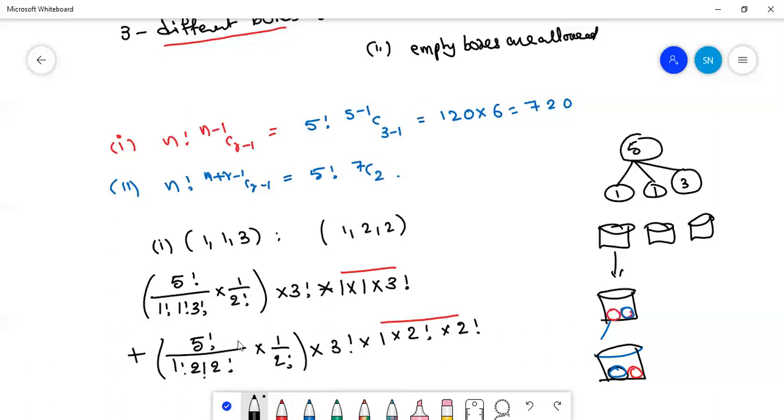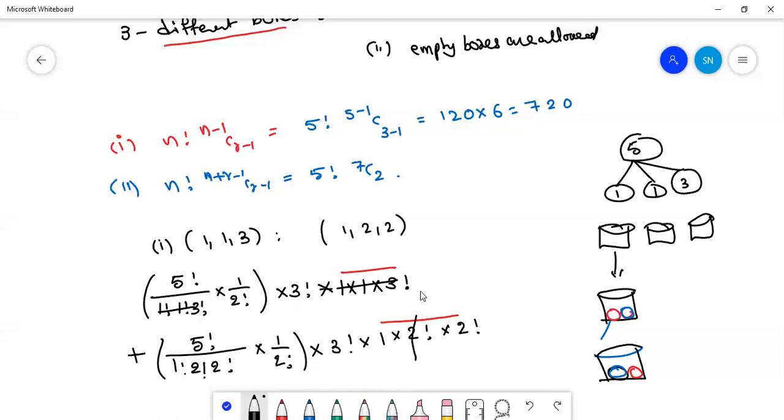So when you calculate it, 3 factorial, 1,1,3 will get cancelled, right? Next, 3 factorial, 2 factorial, 60 into 6, 360. So the first part is 360.